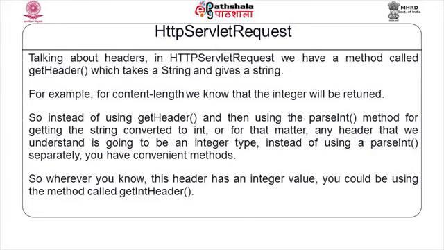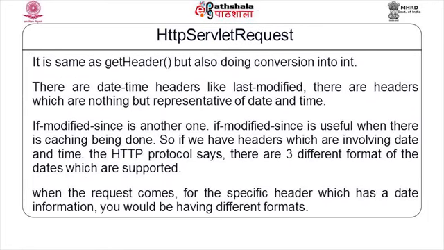So instead of using getHeader giving content length as a parameter and then using parseInt to convert it into an int, or for that matter any other header whose value is going to be an integer type, you have convenient methods. Wherever you know the header has an integer value, you could use the method called getIntHeader. It is the same as getHeader, but also does the conversion into the int type for us.